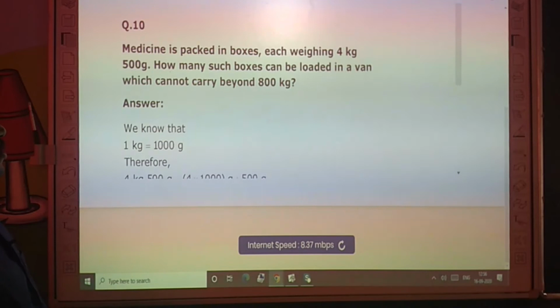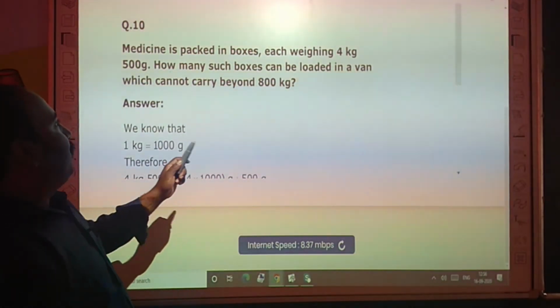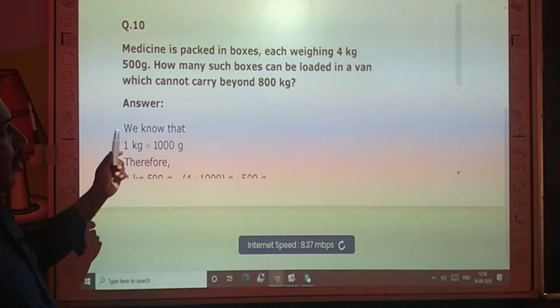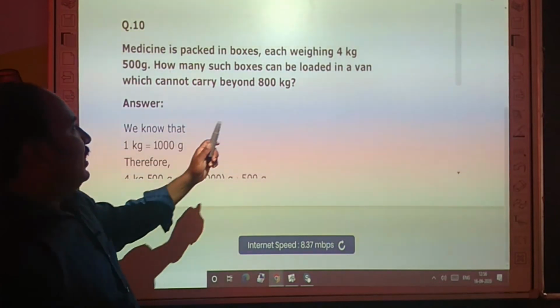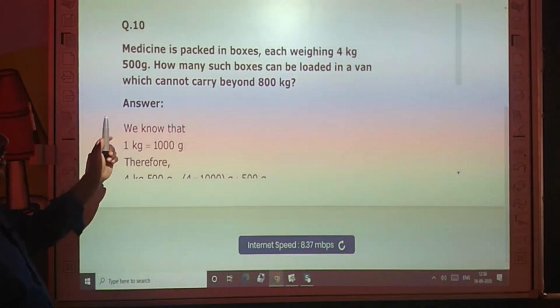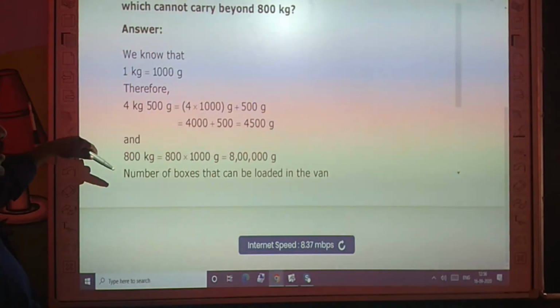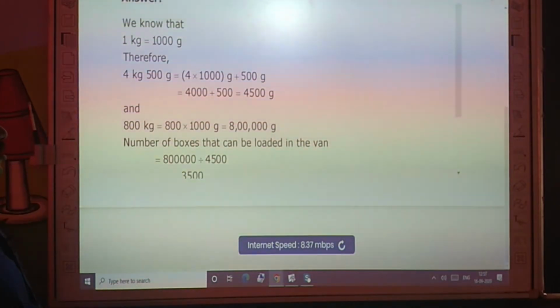Question number 10. Medicine is packed in boxes, each weighing 4 kg and 500 grams. How many such boxes can be loaded in a van which cannot carry beyond 800 kg? We know that 1 kg is equal to 1000 grams.